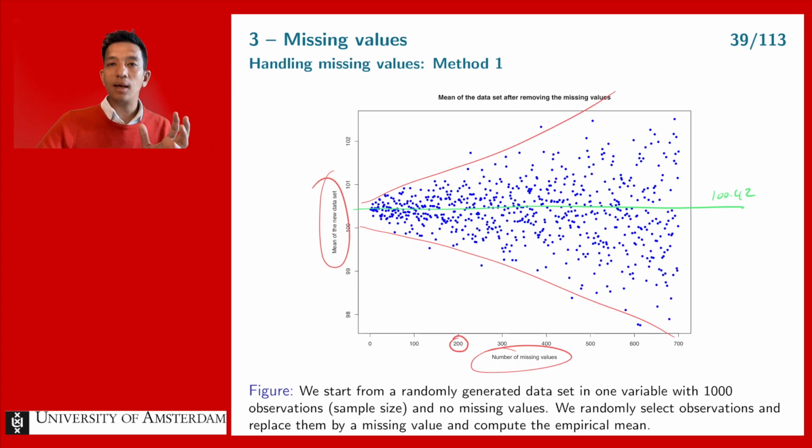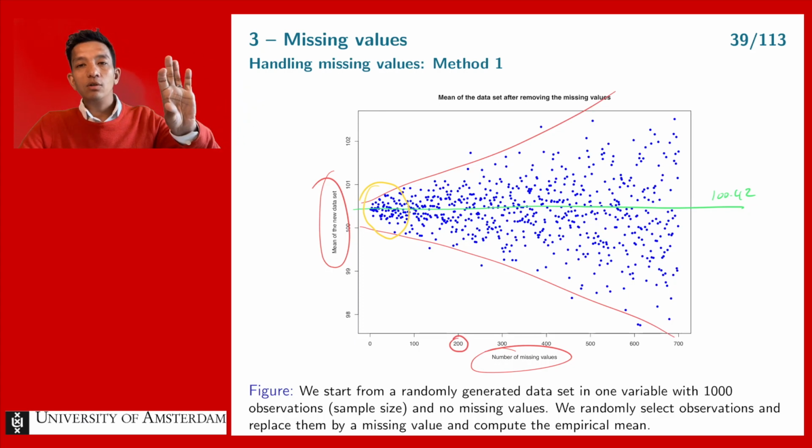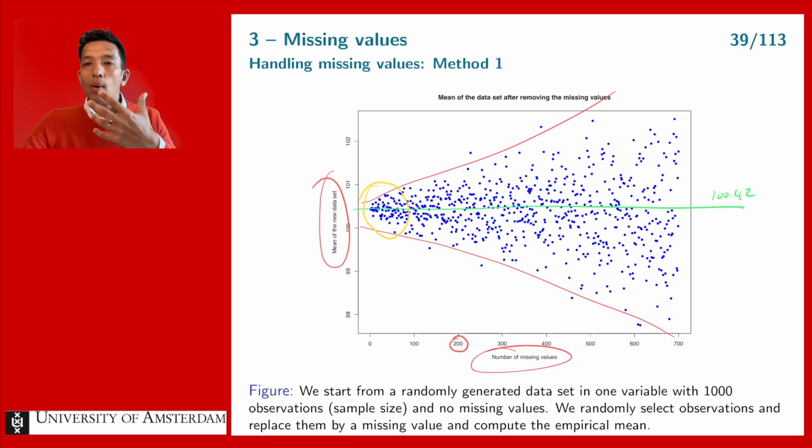And you see, as long as I have only a few missing values, say less than 100 missing values, from time to time the mean that I get when I remove the missing values can be a little bit larger, a little bit smaller, but is in the neighborhood of the 100.42. Otherwise stated, when I have only a few missing values, I do not change my mean too much.